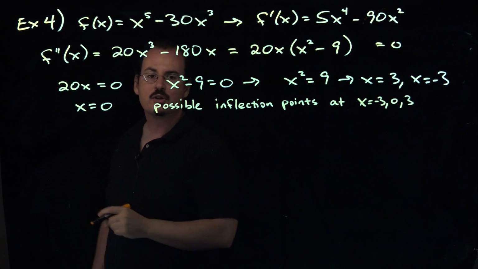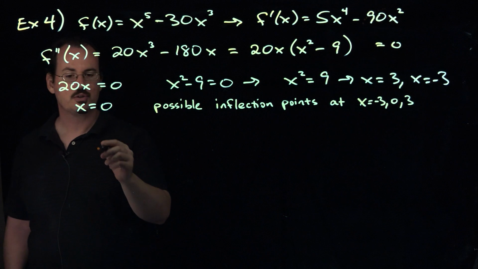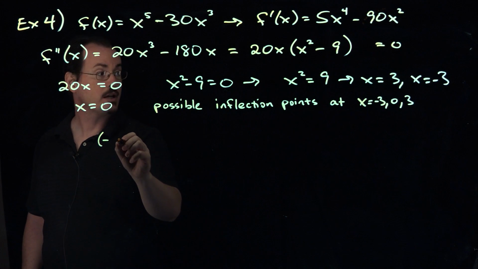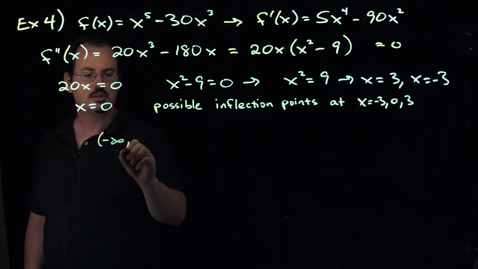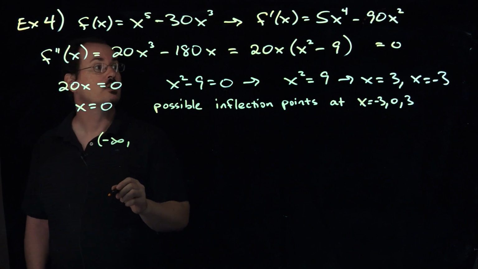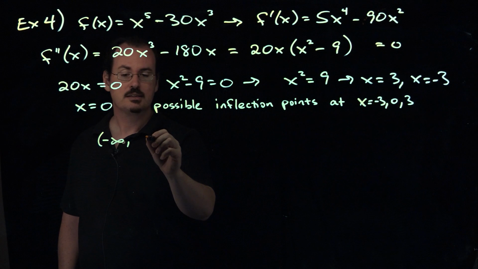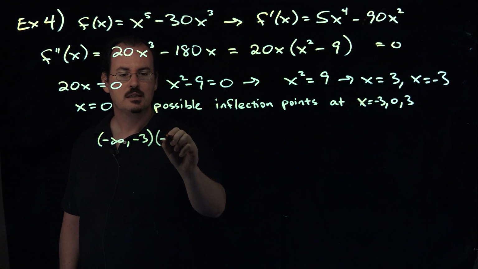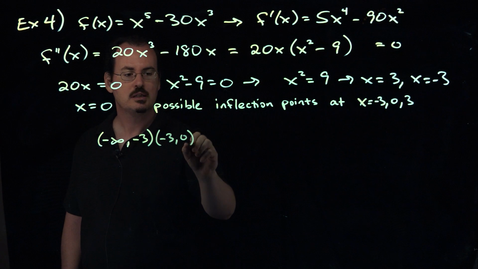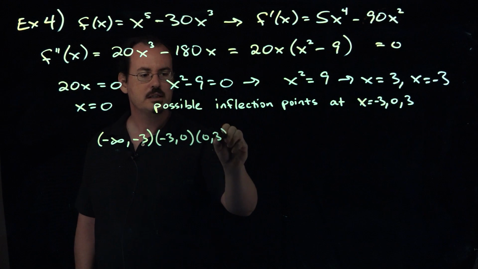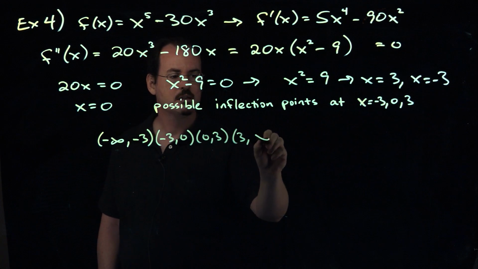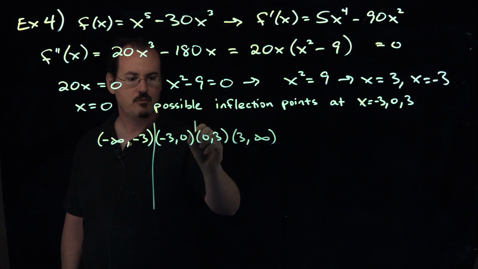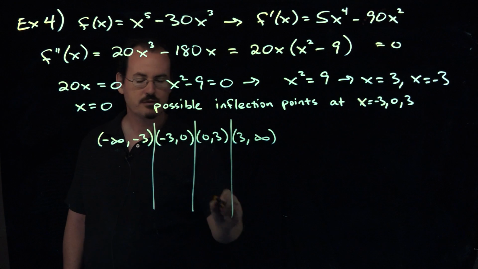Now, in order to determine if they actually are inflection points, we have to see if the sign of the second derivative actually changed or not. So we'll set up our table just like we did before with the first derivative, only now we're doing it with the second. We'll go from minus infinity up to minus 3, up to 0, 0 to 3, and then 3 to infinity.